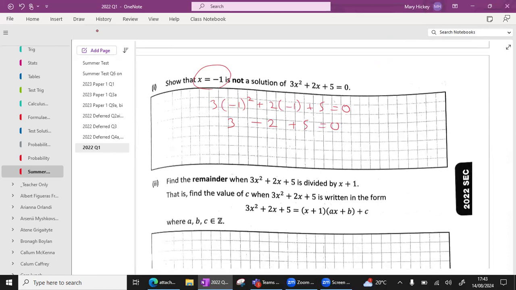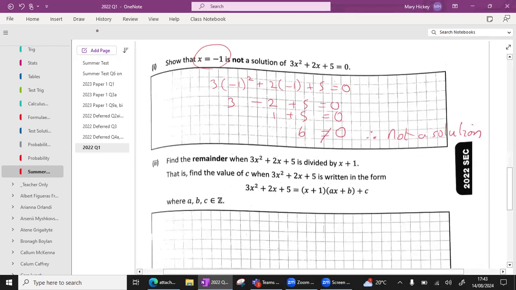So we end up with 1 plus 5, so we end up with 6 equals 0. Now, clearly 6 is not equal to 0. So therefore, not a solution. So they were kind of nice, easy questions in 2022.